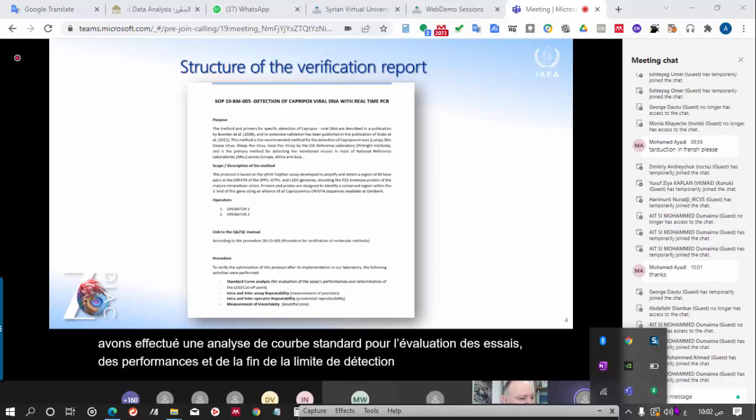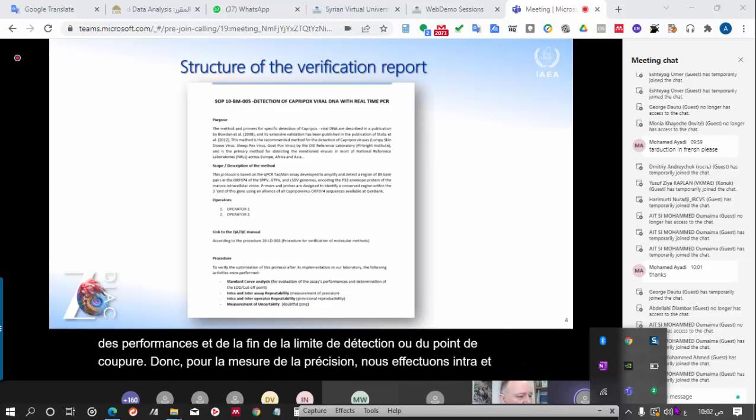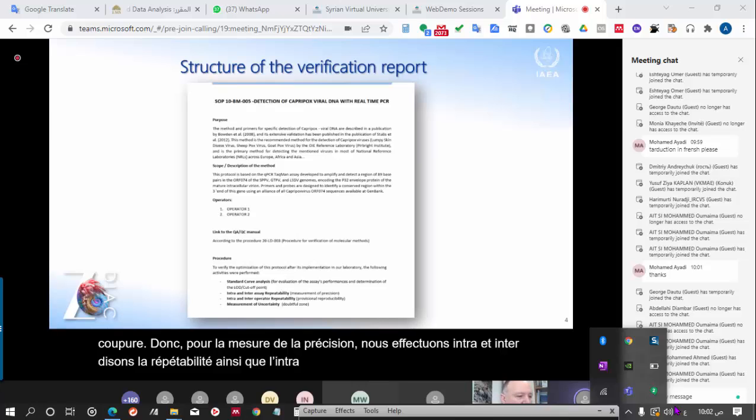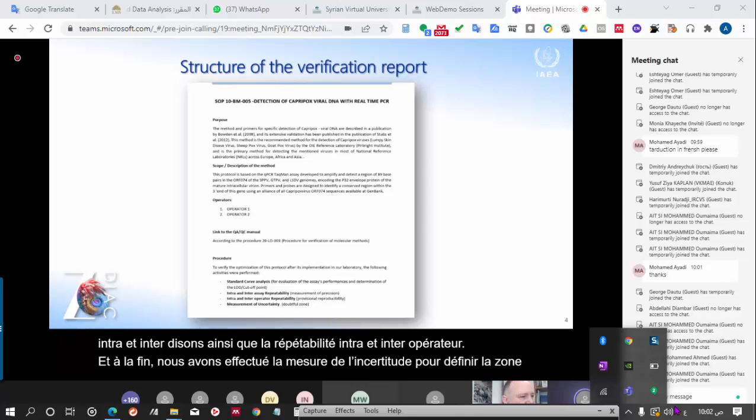For the measurement of precision, we performed intra- and inter-assay repeatability as well as intra- and inter-operator repeatability. And at the end, we performed the measurement of uncertainty to define the doubtful zone for this assay.